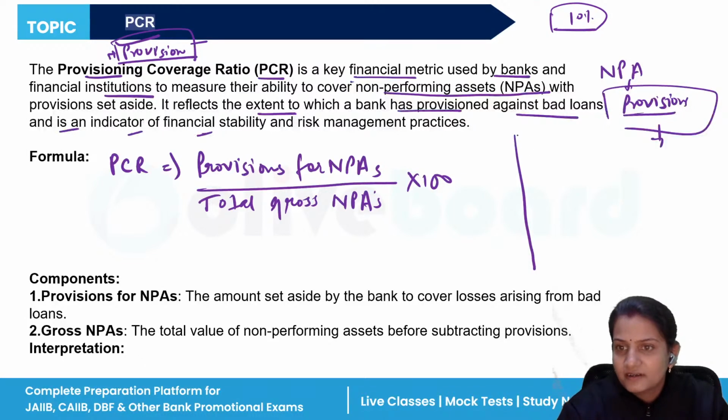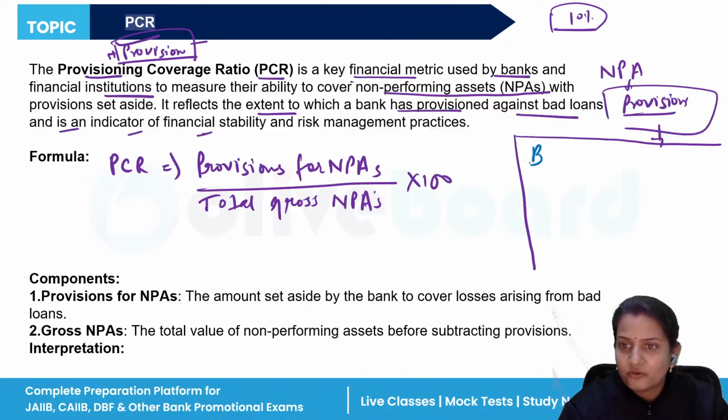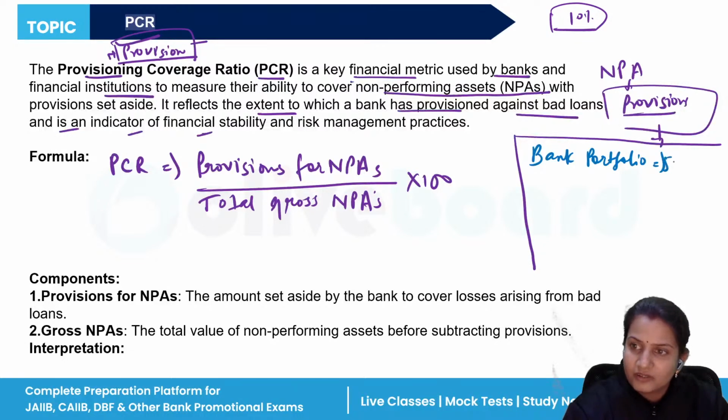Let's take an example. Suppose the bank has a portfolio. The bank's portfolio is 500 crore.